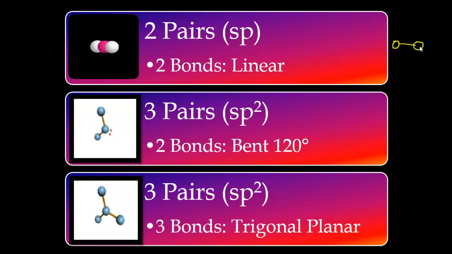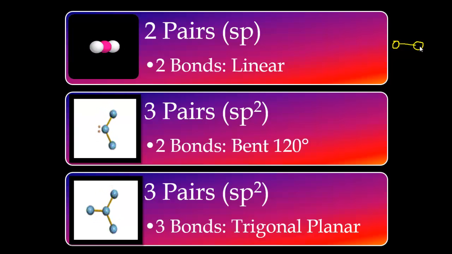Those are lone pairs, so those are ones that are unbonded. The bonds, of course, are your straight lines. So if only two of our three pairs are bonded, pairs meaning electrons, we have a bent shape, a bent 120. The 120 is just the angle between the two outside elements.